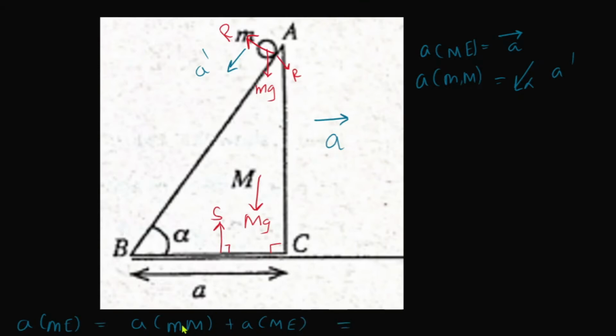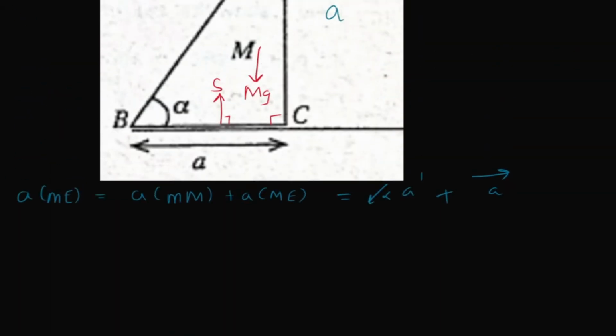The acceleration of the particle relative to the wedge is A dash, in this direction, alpha. The acceleration of the wedge relative to earth is in this direction, A. Good.